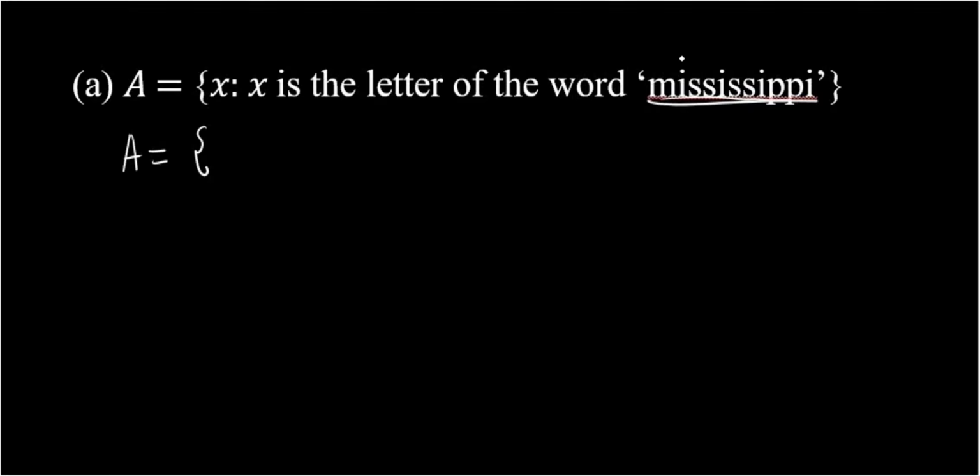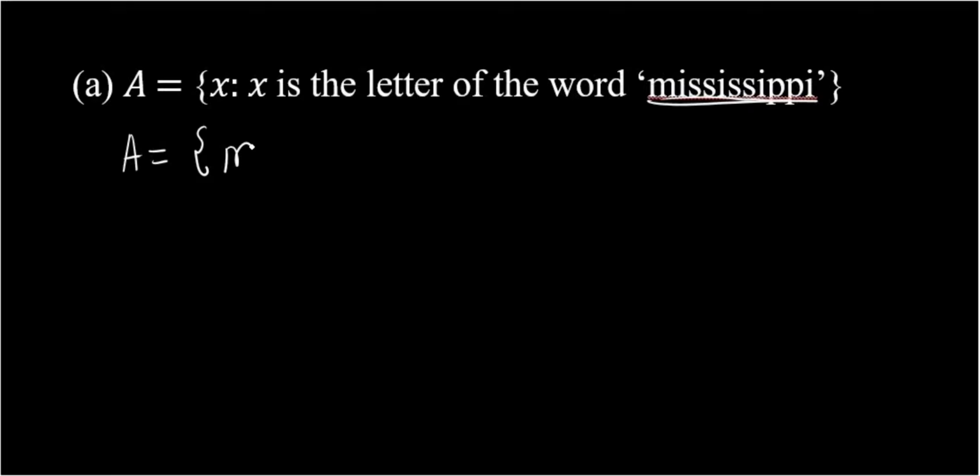When you are writing in the roster form, make sure that your set is in small letters, separated by commas. Again, you're not supposed to repeat the letters. So x is such that x is a letter of the word Mississippi. Now let's write this one.